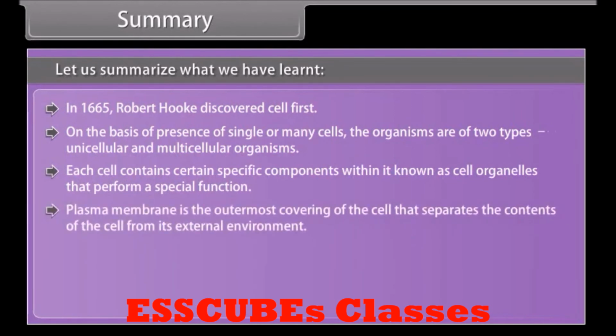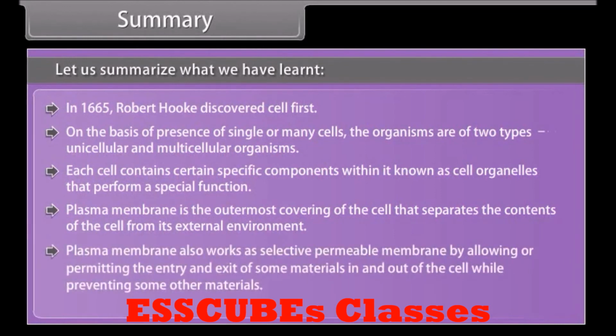Plasma membrane is the outermost covering of the cell that separates the contents of the cell from its external environment. Plasma membrane also works as a selective permeable membrane by allowing the entry and exit of some materials in and out of the cell while preventing some other materials.